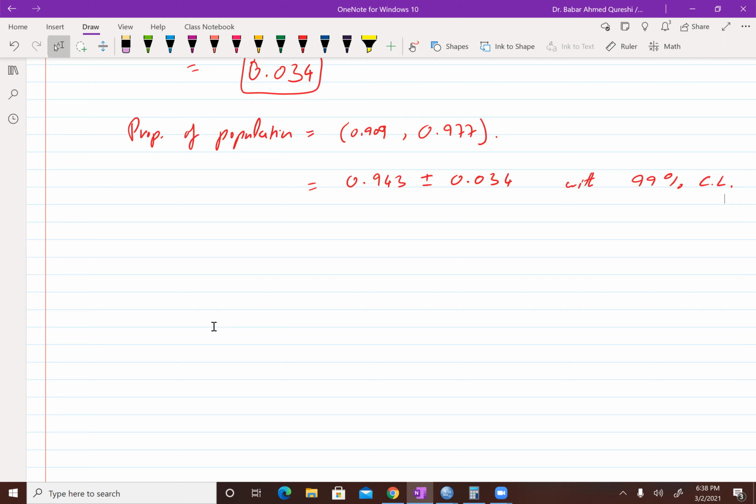But because when we compute the sample variance, its distribution is given by the chi-square, which is not a symmetric distribution, the upper confidence level and lower confidence level will not be symmetrically distributed around your sample variance.